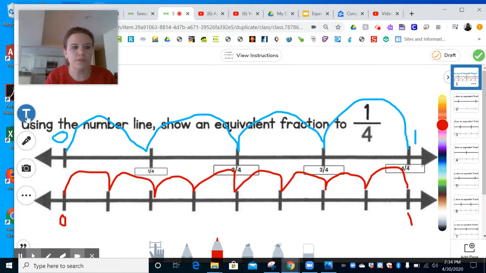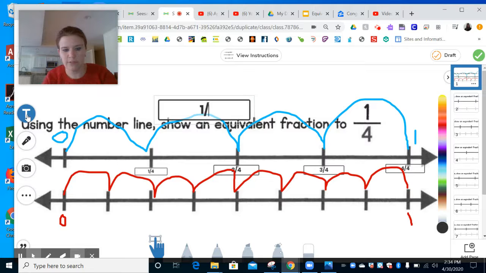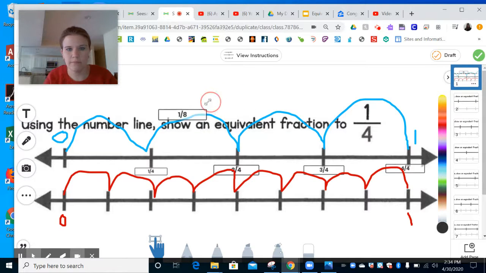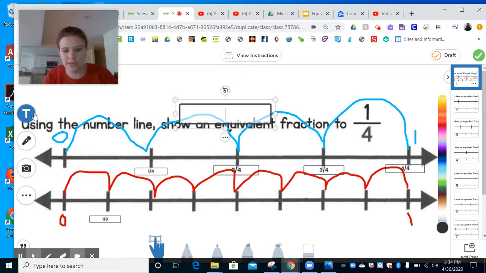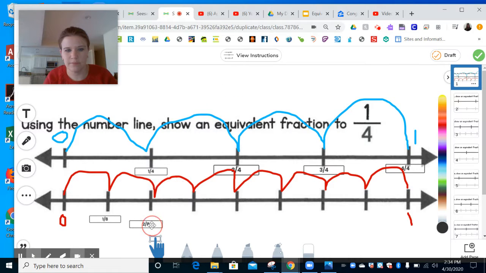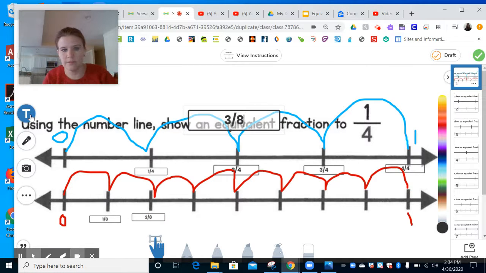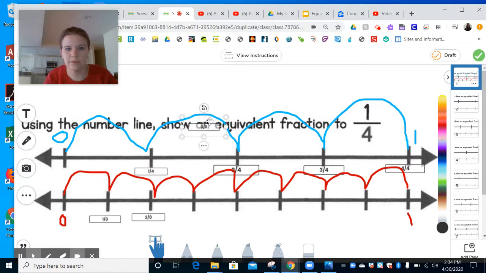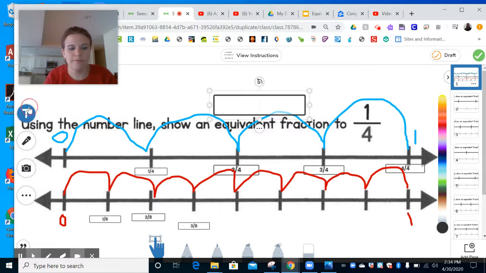All right, so I'm going to do my text box again. First, it's going to be 1/8. 2/8. 3/8. 4/8. This doesn't have to be fancy.